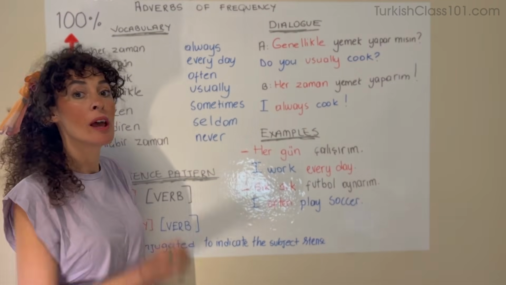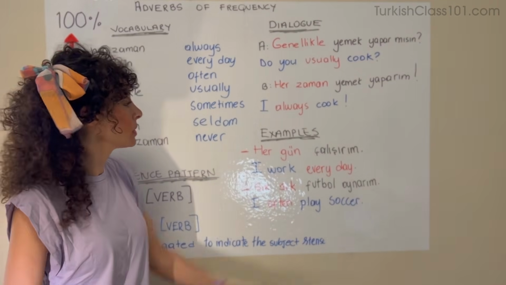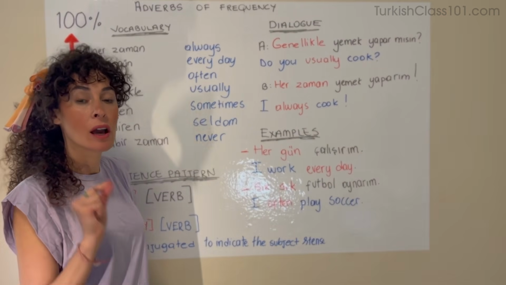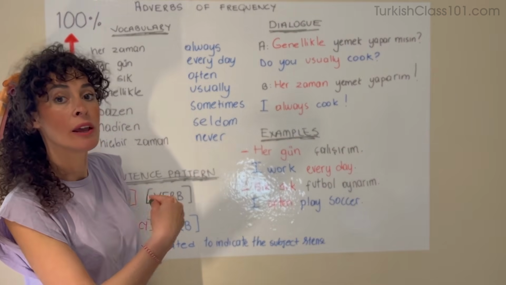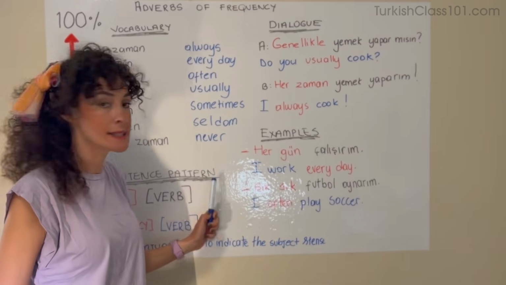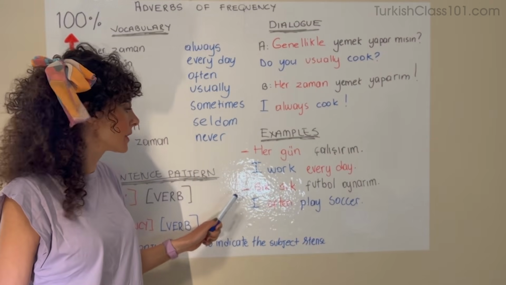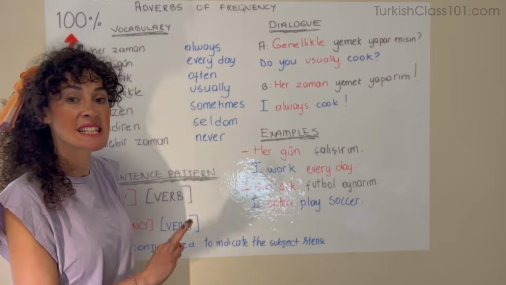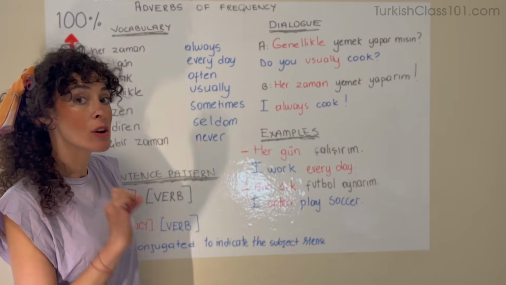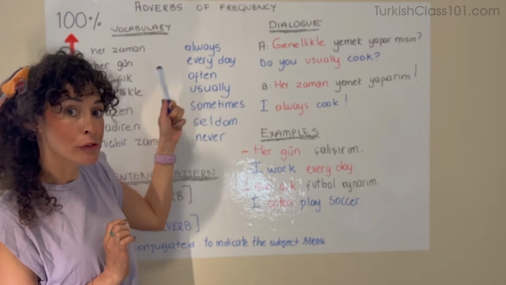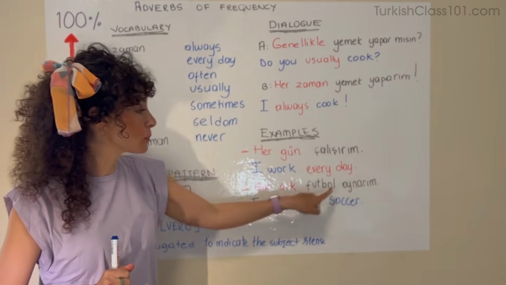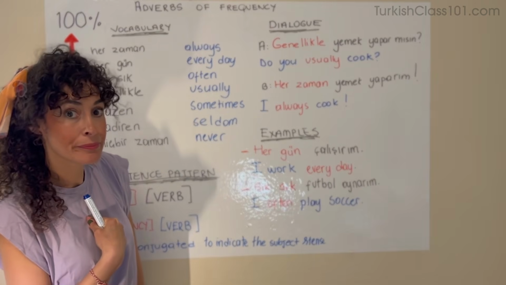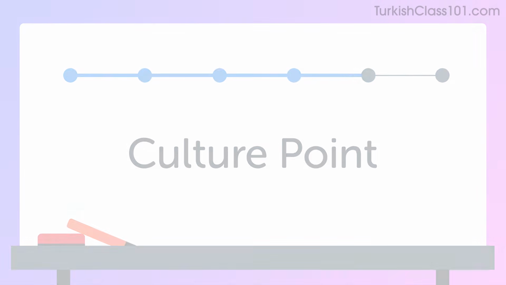Her gün, frequency adverb, çalışırım, verb, conjugated, I work. Let's see the last example. Sık sık futbol oynarım. Sık sık, adverb of frequency, futbol oynarım, I play soccer. Okay? Good.